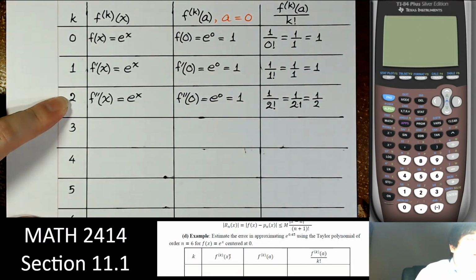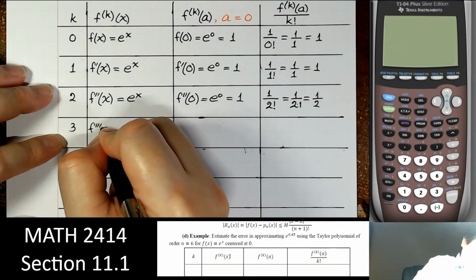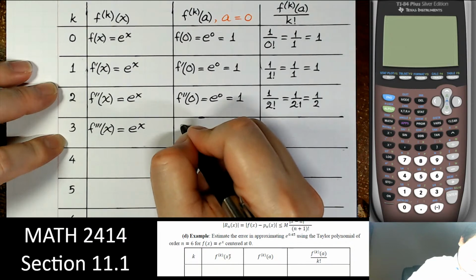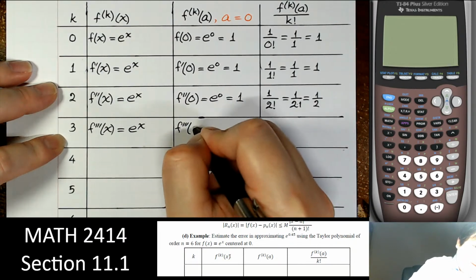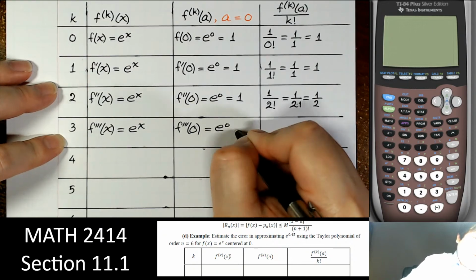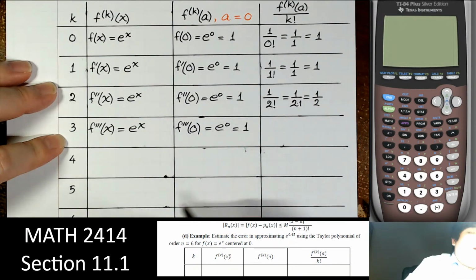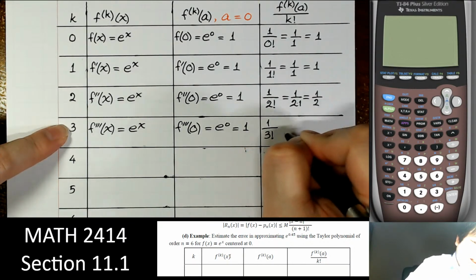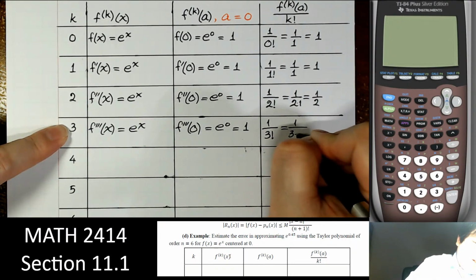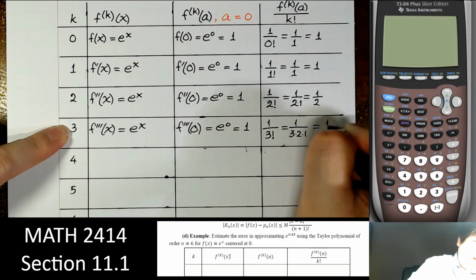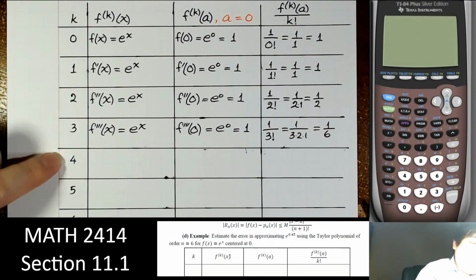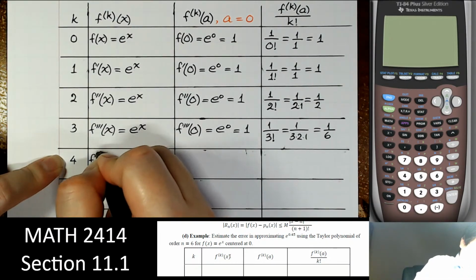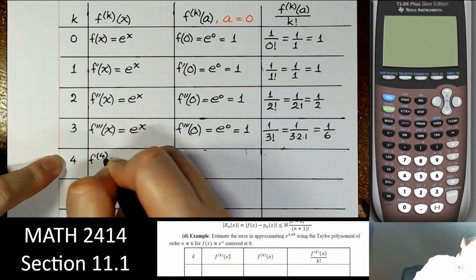And we'll just keep doing that. And then we take that number and divide by factorial of 3. That will be 1 over 3 times 2 times 1, 1 over 6. And keep doing that. Now 4 factorial.